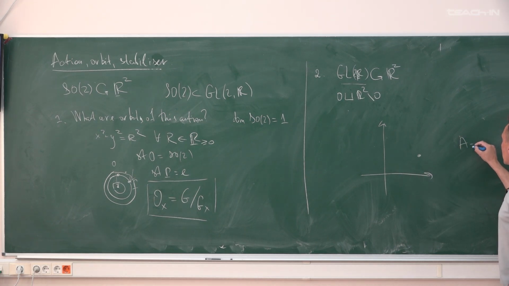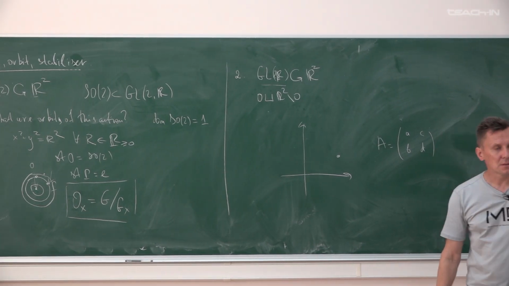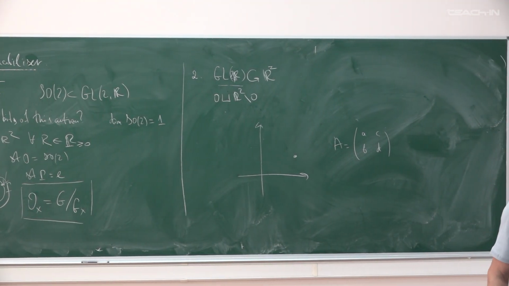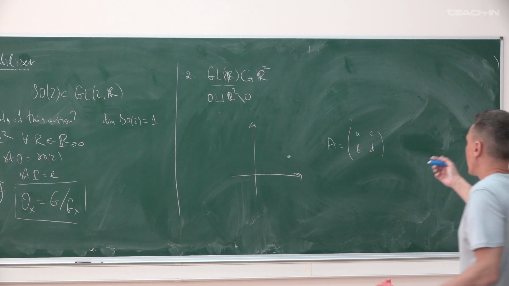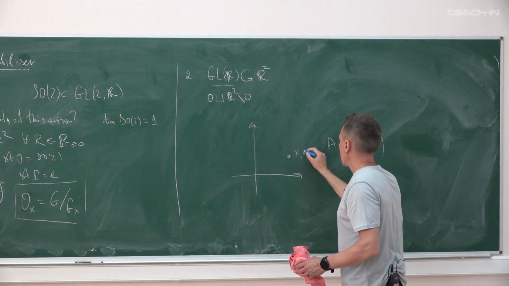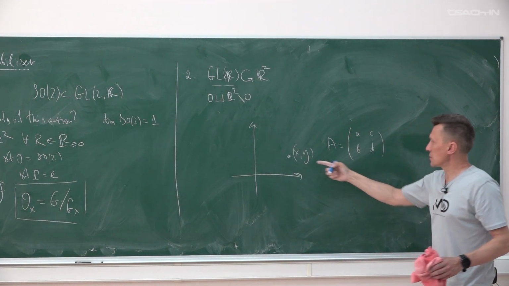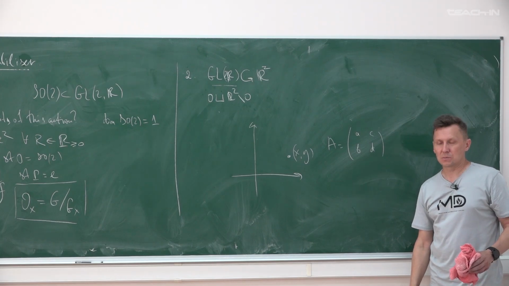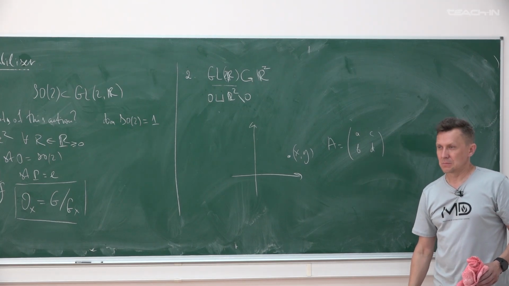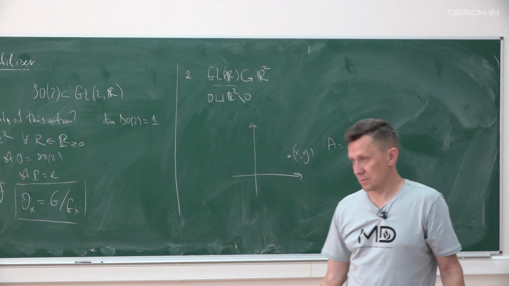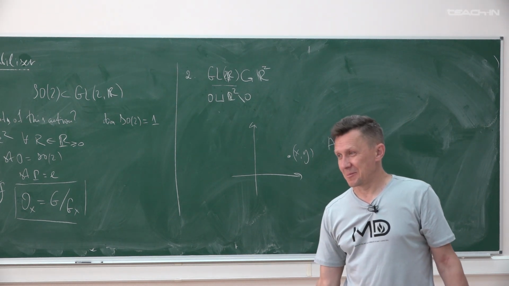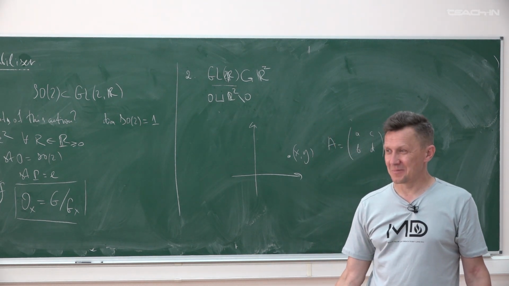So matrices of this type, invertible matrices of such a type. And this is the point (x, y). How to describe the matrices which stabilize this point? We have to impose two conditions on the matrix. So what are the conditions that we need to impose?